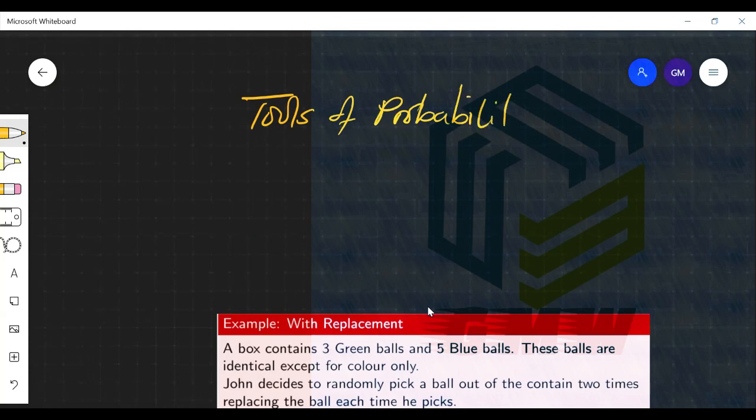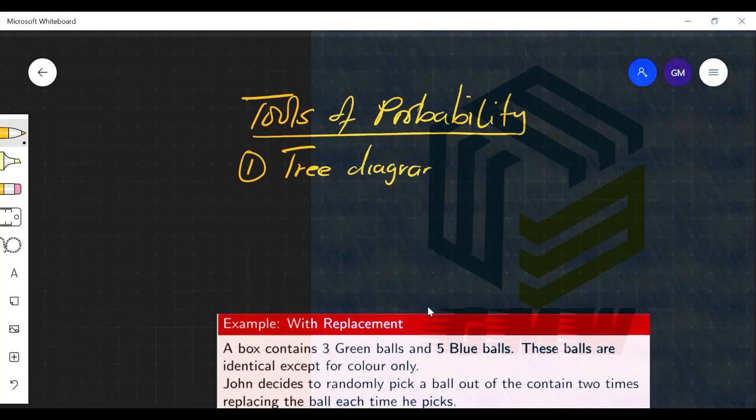Okay. Tools of probability. In fact, it also has grades 10 and 11 in it. We have tree diagrams. Have you heard of them before? Yes. We also have Venn diagrams. Grade 10, right? Yes. Then we also have contingency tables.